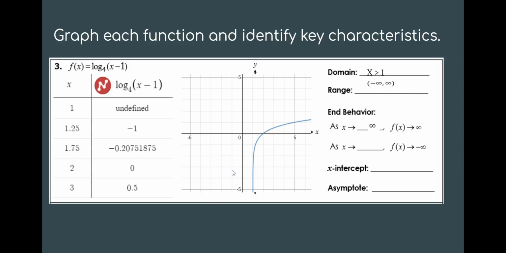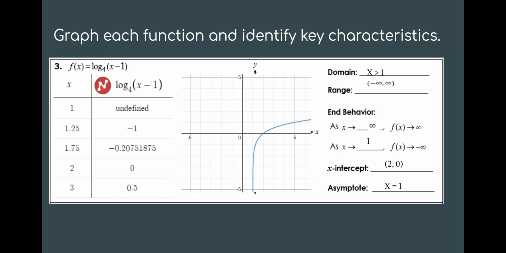As x approaches 1, which is our asymptote line, y goes to negative infinity. The x-intercept, I misspoke earlier, is the point (2, 0). And our asymptote is x equals 1.